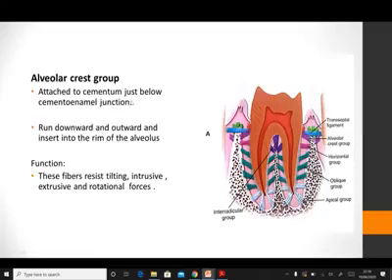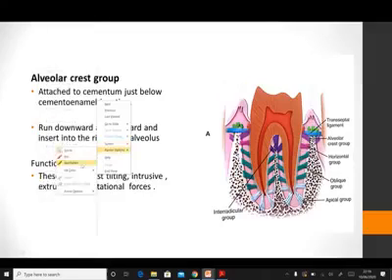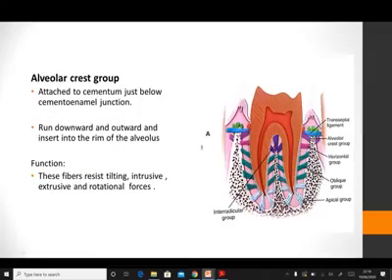So here in this figure, let me get a highlighter. Here this purple colored group is the alveolar crest. The alveolar crest, like any principal fiber, is attached to cementum on one side and alveolar bone on the other side. So it is attached to cementum just below the cemento-enamel junction.